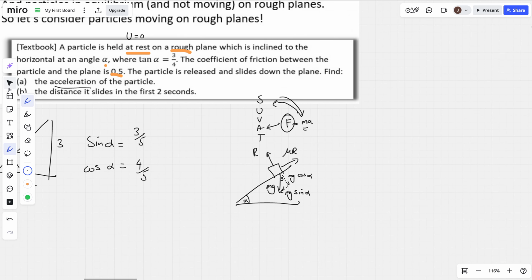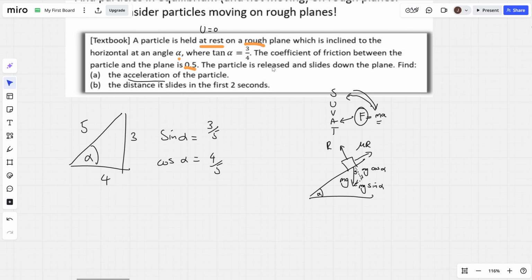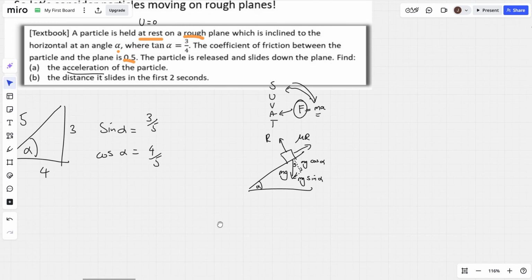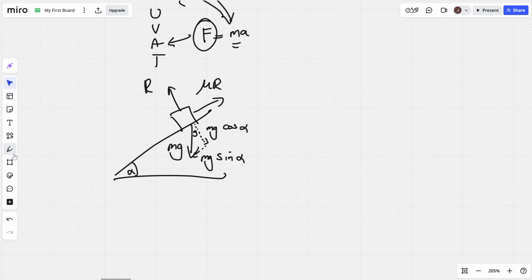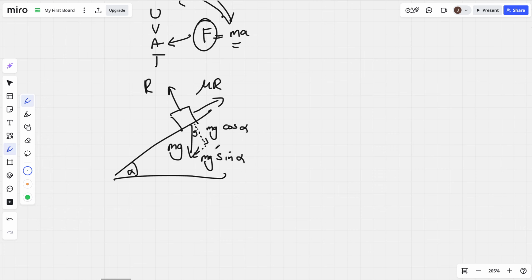And what do we know? We know that we've got mu, haven't we? Which makes me think that the force diagram's correct. Let's have a go at doing our parallel and perpendicular, and perhaps something will jump out. We've been doing green typically for perpendicular. So the perpendicular situation is still going to be in equilibrium, okay?